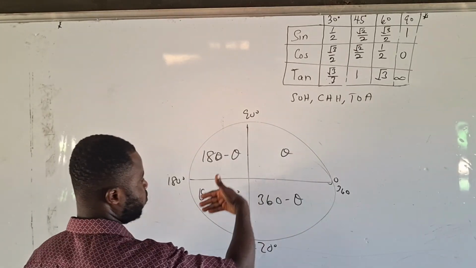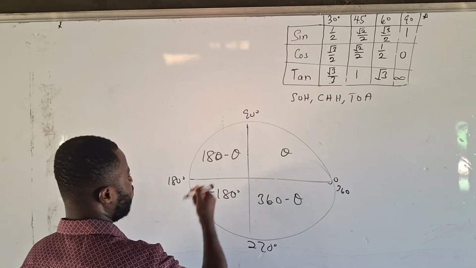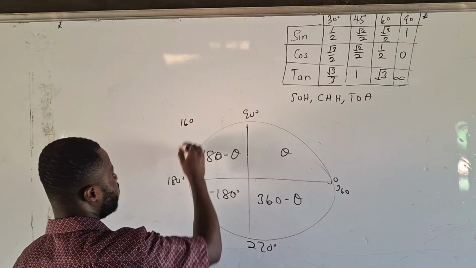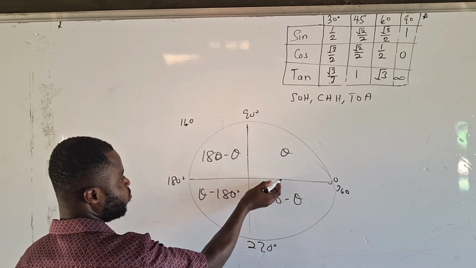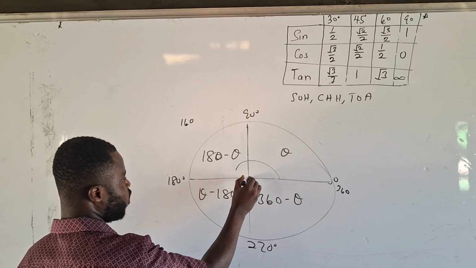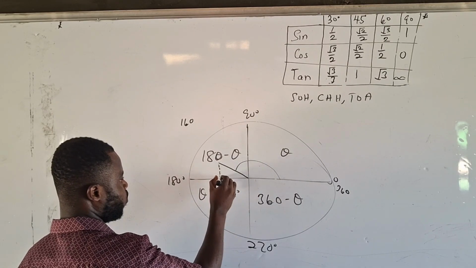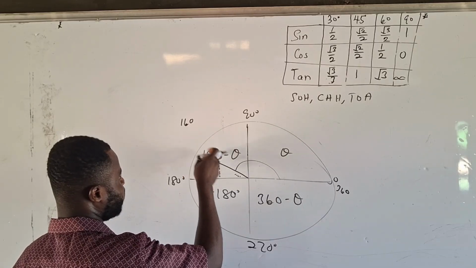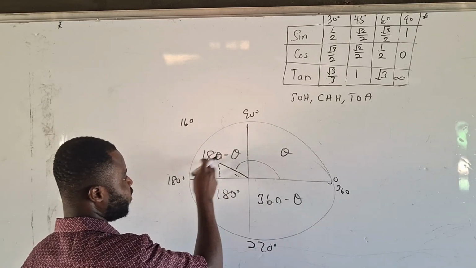This is because if you are given an angle like maybe 160, 160 means from 0 here to this side. So we will look for the small angle the angle makes with the x-axis. That's why we subtract this small angle from 180.